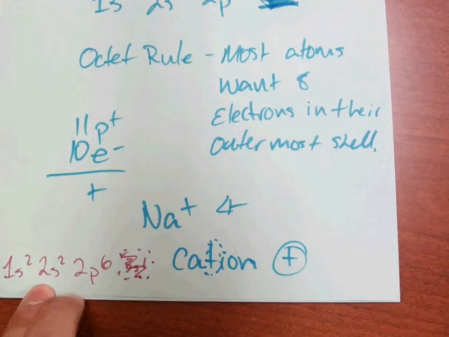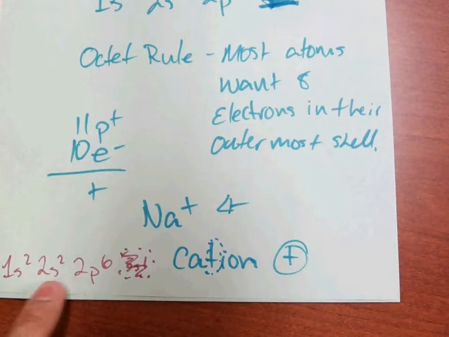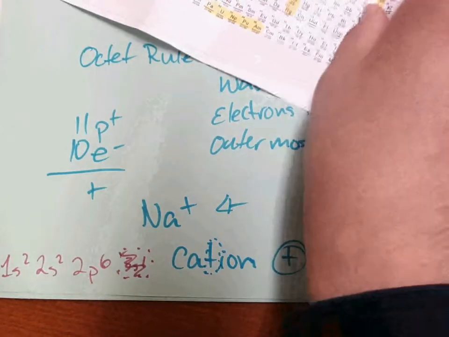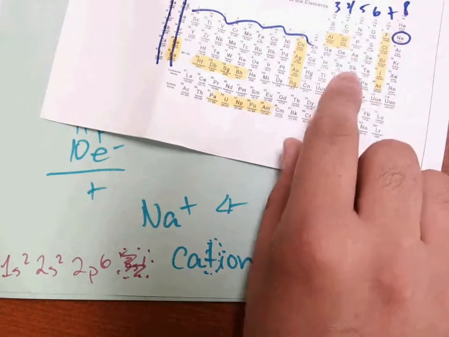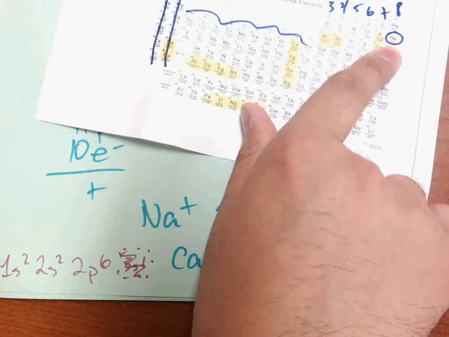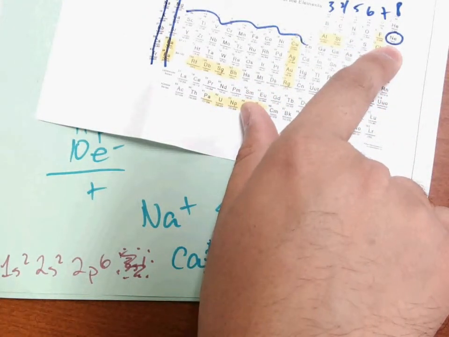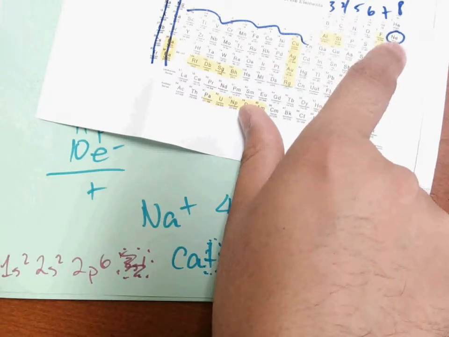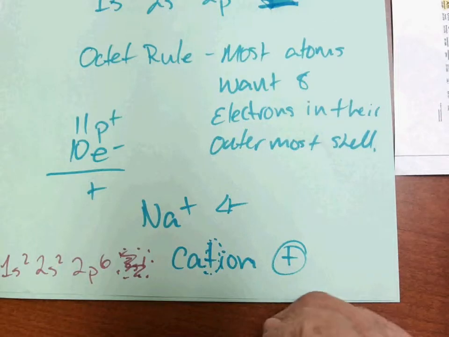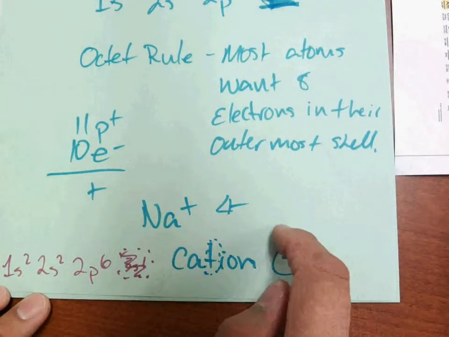The principal quantum number is 2, so we have 6, 7, 8. It has an octet. We look again into our periodic table, and 2p6 is neon. So now it has the electron configuration of neon, which is a noble gas, which means it's happy. Alright, so that's a cation.